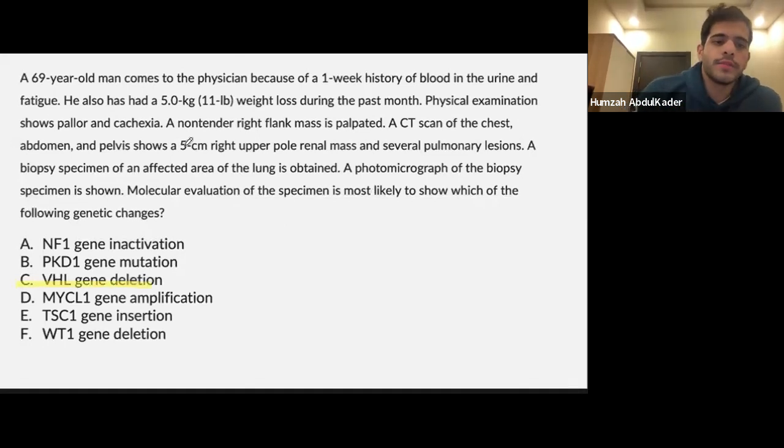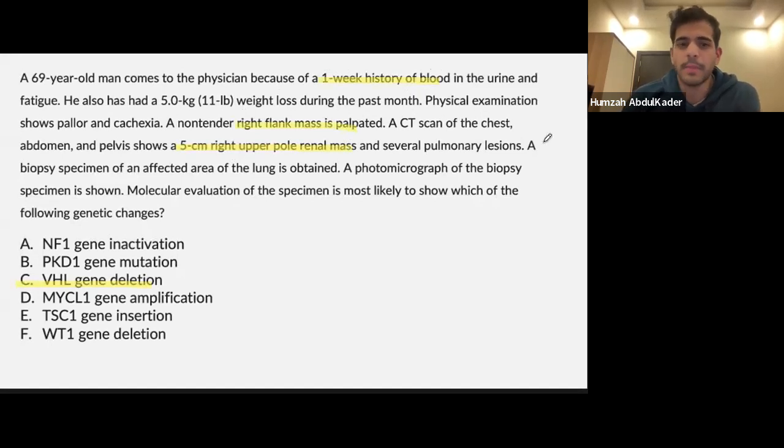What we're looking at is, first of all, they say here that he has a 5-centimeter right upper pole renal mass, right? But honestly, what I'm looking at is hematuria plus right flank mass. And oftentimes they'll also say that he has some kind of flank pain, right?